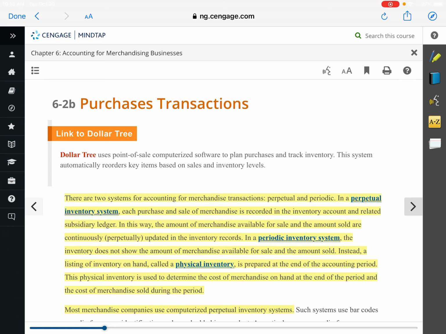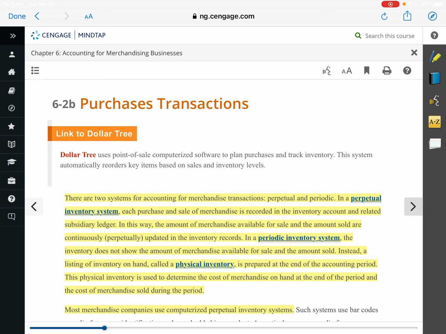All right, so let's look at a journal entry. So when we make a purchase as a merchandising business, under the perpetual inventory system, cash purchases of $2,510 of merchandise is recorded as follows.